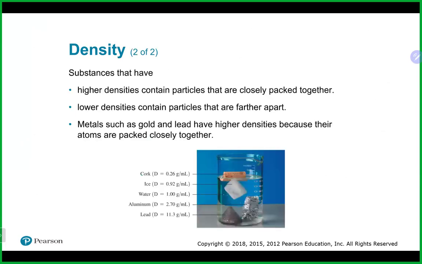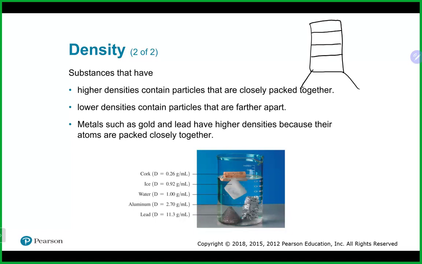Now, when we have things that have a very high density, they typically are packed together pretty tight to one another. When we have things that are lower in density, they're not as packed in to one another. By the way, if I had different volumes of liquids that had different densities, they would typically separate out by layers.